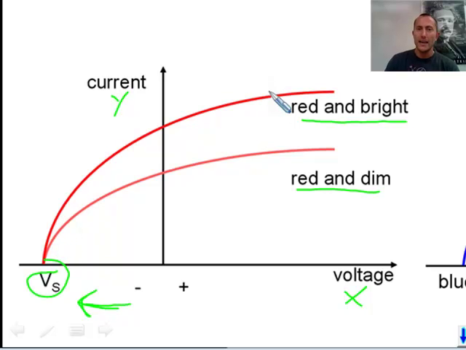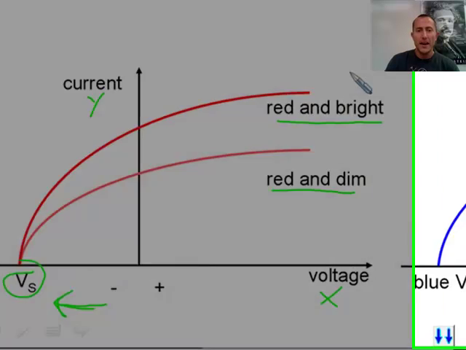So what that tells us is that the energy of the electrons in both situations is the exact same. The difference when we change the intensity is the number of electrons. The more intense, the brighter the light, the more electrons are emitted from the photosurface, but they all have the exact same energy.